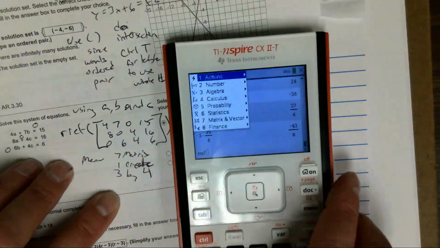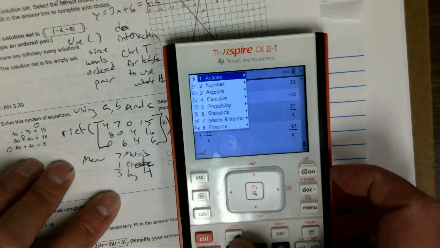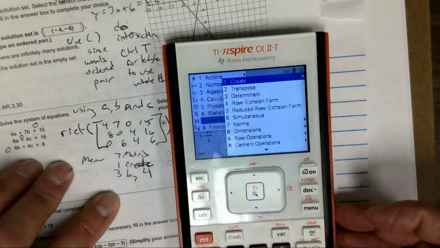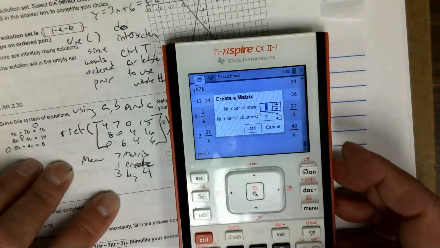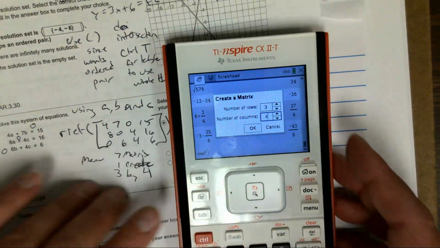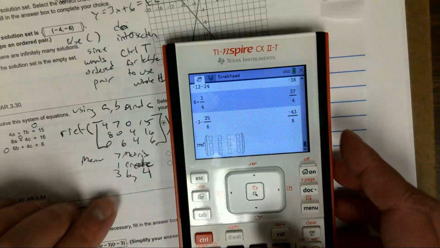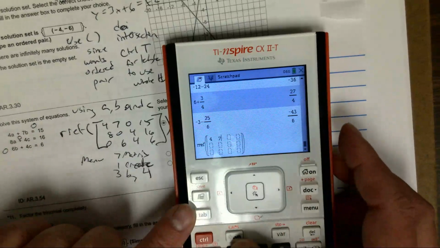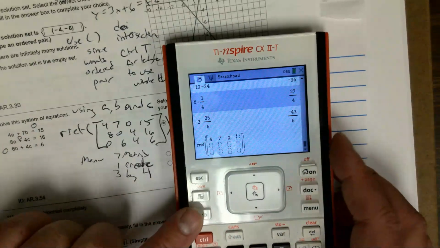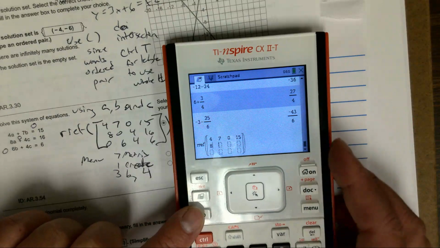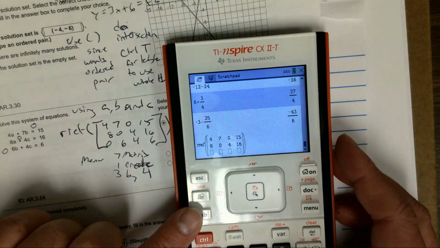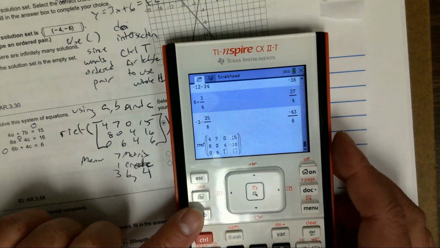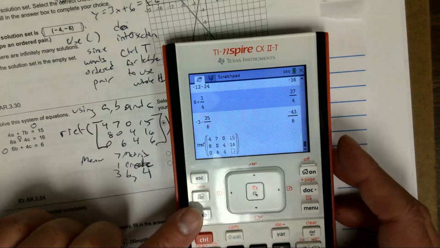Menu 7 is matrix, 1 is create, and you want to create a matrix, and 3 tab 4. And then you just go 4, 7, 0, 15, 8, 0, 4, 16, 0, 6, 4, 6.